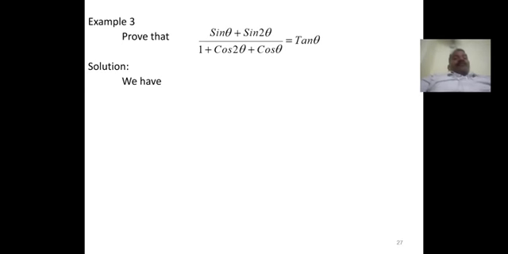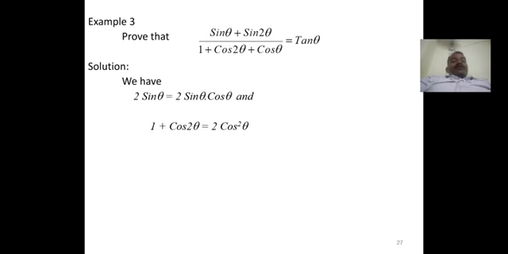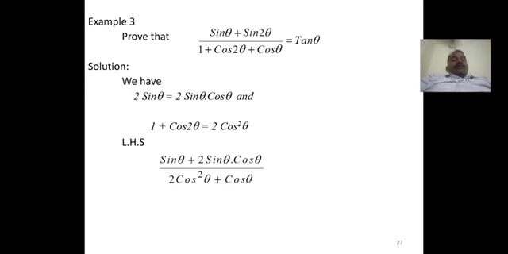We have a formula that sin 2 theta is 2 sin theta cos theta, and cos 2 theta is 2 cos square theta minus 1, that is 1 plus cos 2 theta is 2 cos square theta. If we replace these two values in the LHS part, LHS is sin theta plus 2 sin theta cos theta by 2 cos square theta plus cos theta.